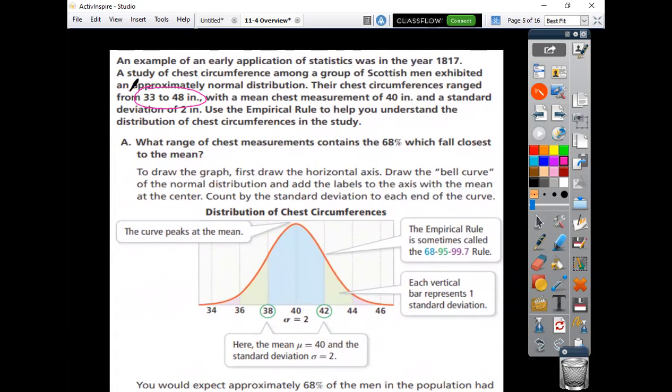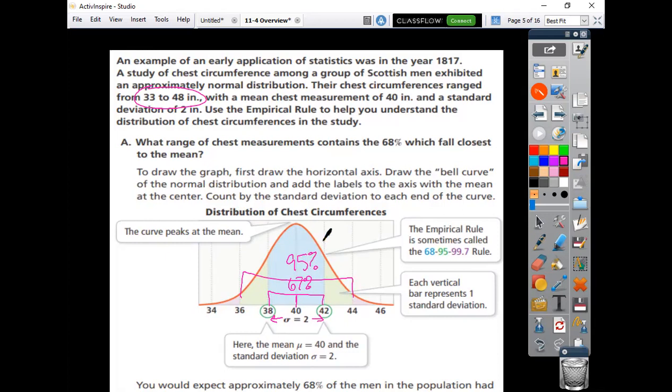The mean, the middle number right there, you can see is 40, and a standard deviation was 2. So between 38 and 42, that was about 67% of the data. From 36 up to 44, that's 95% of our data. Okay, so if you were to draw a picture, that's what it would look like.